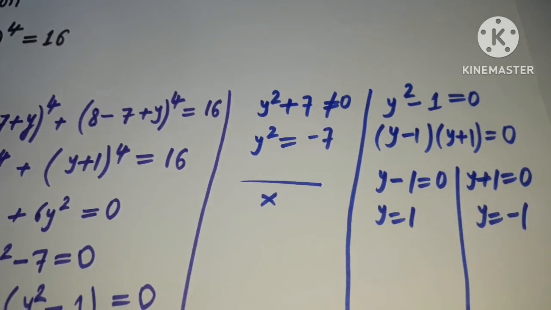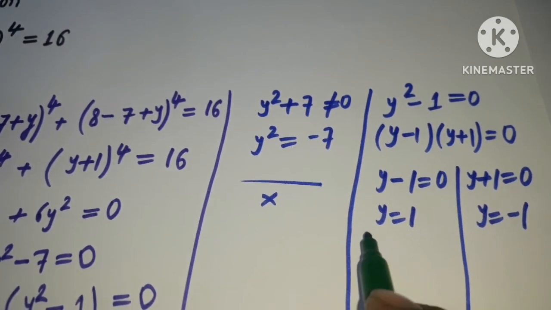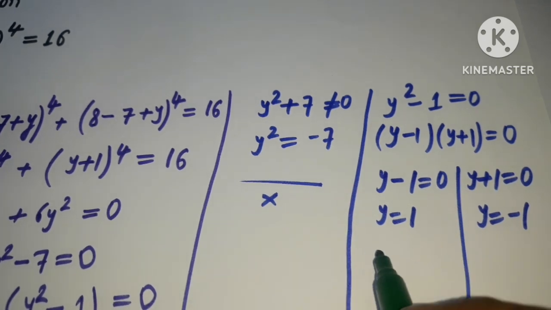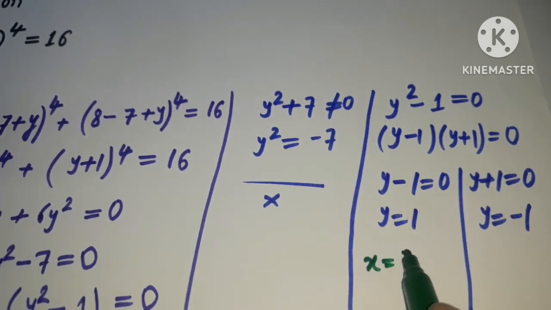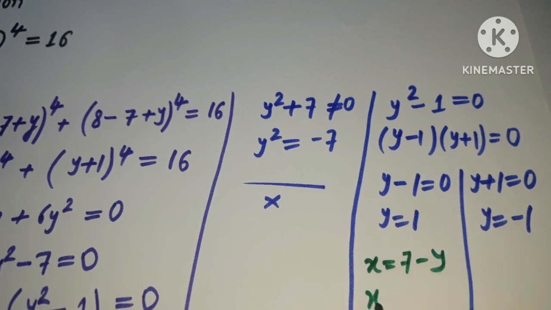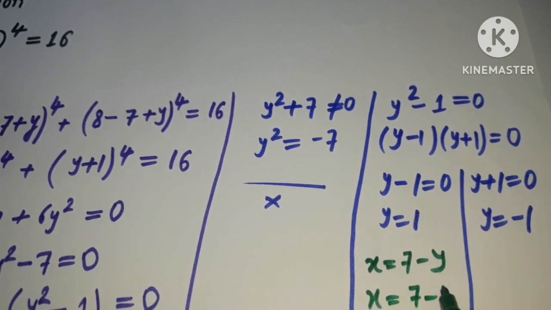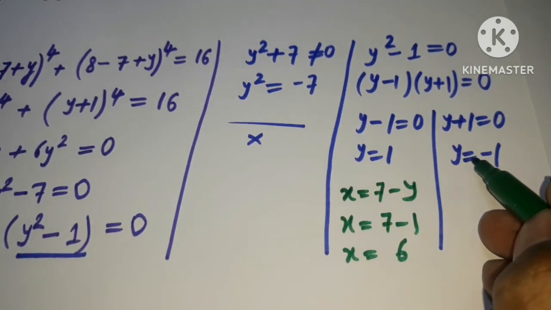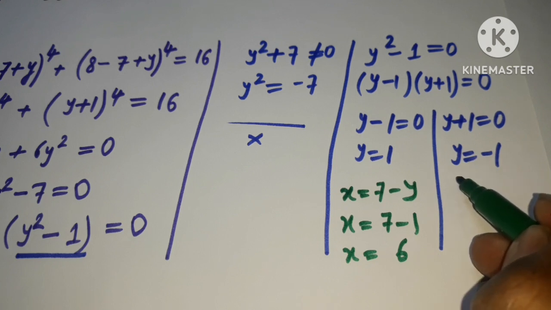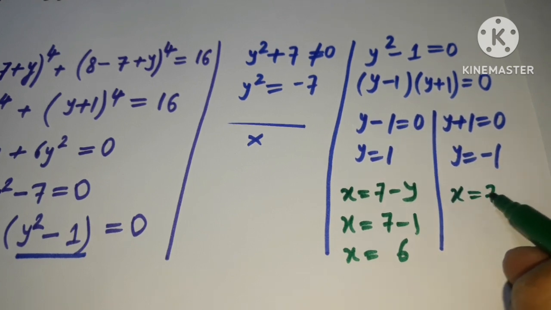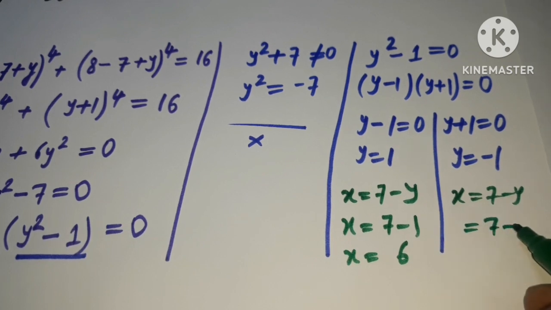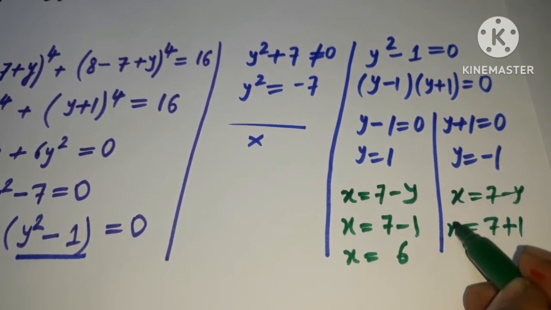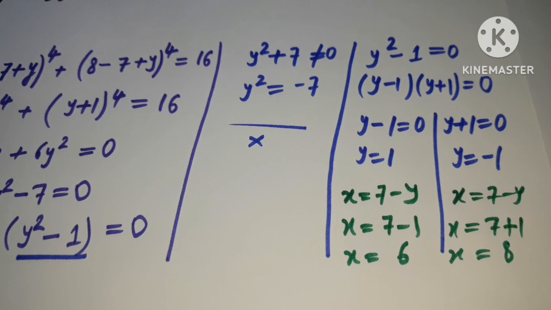So we have y = −1 and y = 1. For y = 1, I can have x = 7 − y, so x = 6 coming. And for y = −1, x = 7 − y, so 7 minus minus 1, so x = 8.